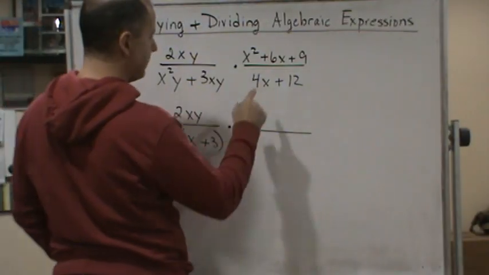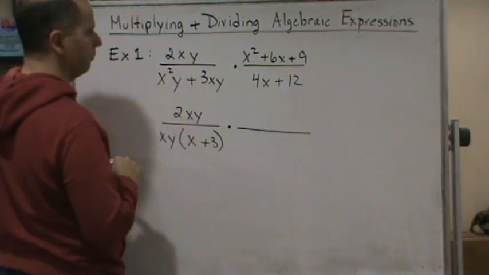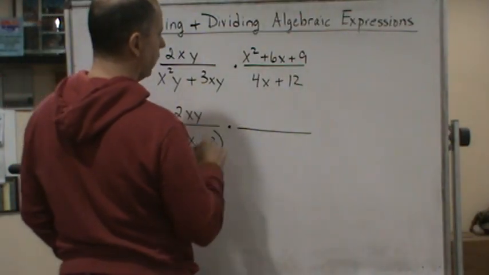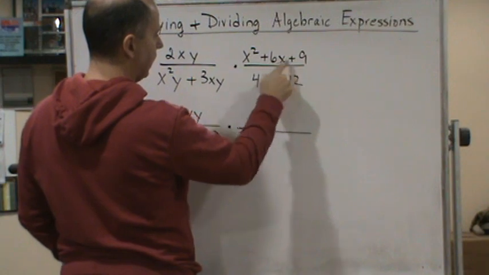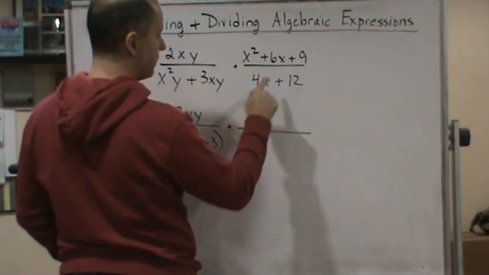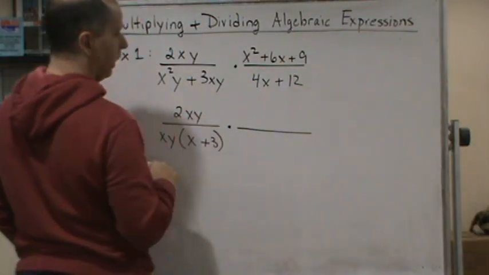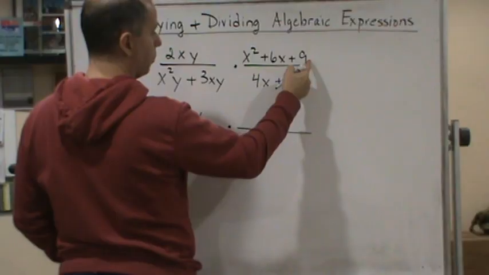Now this here is a quadratic trinomial. So we're looking for two numbers whose product is 9 but whose sum is 6. Since they're both positive, we're going to have two positive numbers, so the answer is going to be 3.